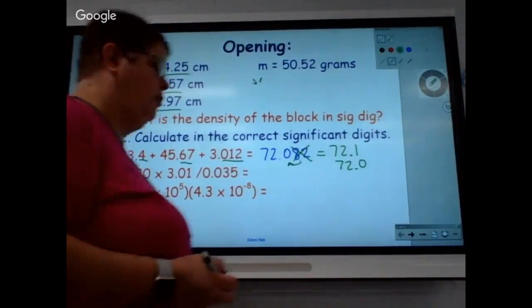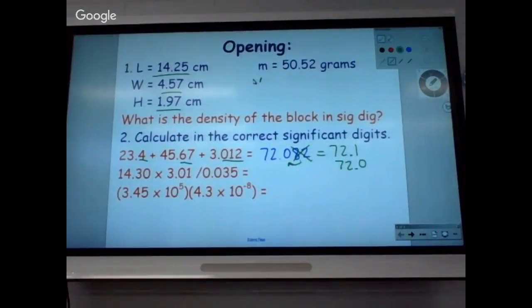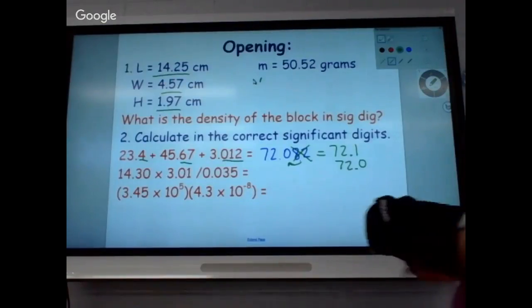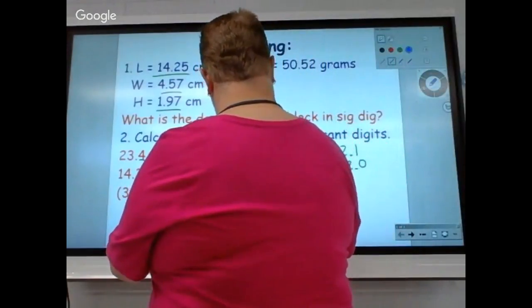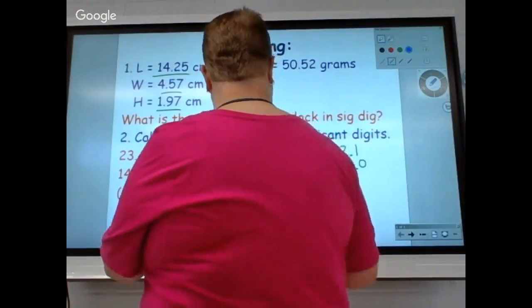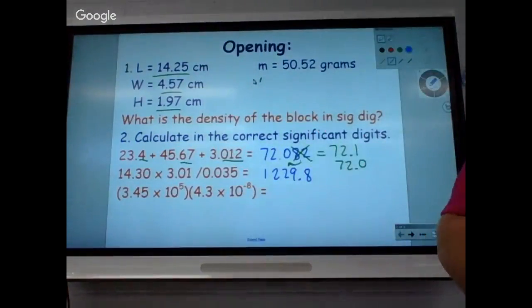Okay, number 2, we're multiplying, then we're going to divide. So 14.30 times 3.01 divided by 0.035. We got 1229.8. All right. Did y'all get that? Okay.